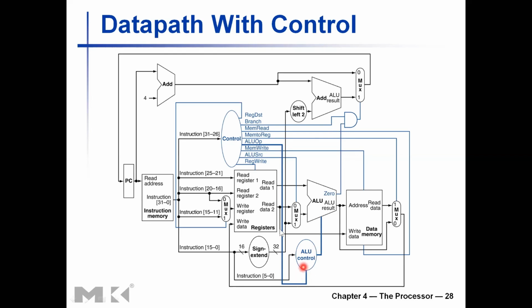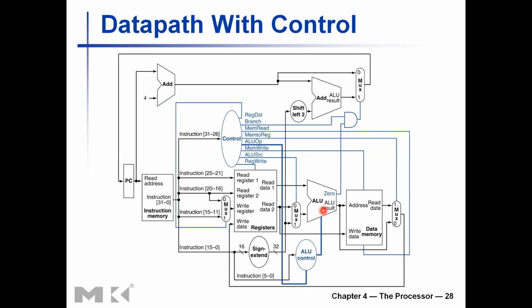So for the second stage, you need the ALU op signal as well as the least significant 6 bits of the instruction, assuming that this is an R-type instruction, right? If it's an R-type instruction, the least significant 6 bits of the instruction will be used by the ALU control, and the ALU op signal generated by the main control will be used by the ALU control to derive the control signal that is going into the ALU.